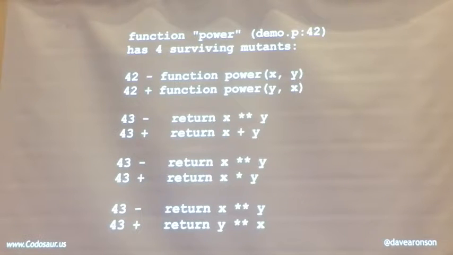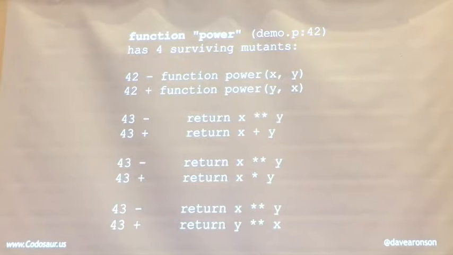To go into detail on the individual lines, it's saying that if we mutate the function called power, which is in file demo.p at line 42, and yes, P stands for pseudocode, don't bother trying to figure out what language this is.